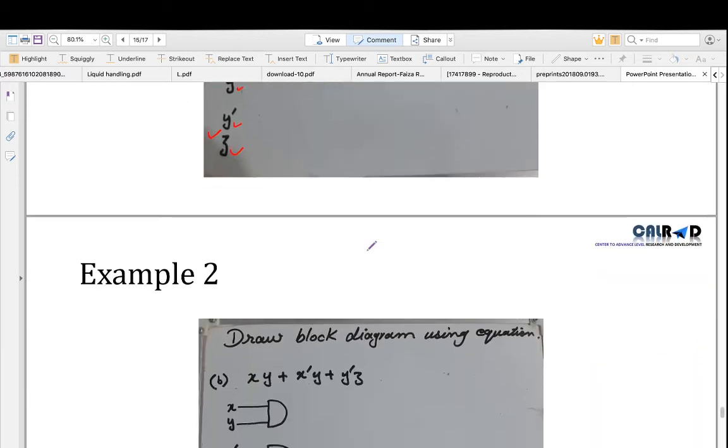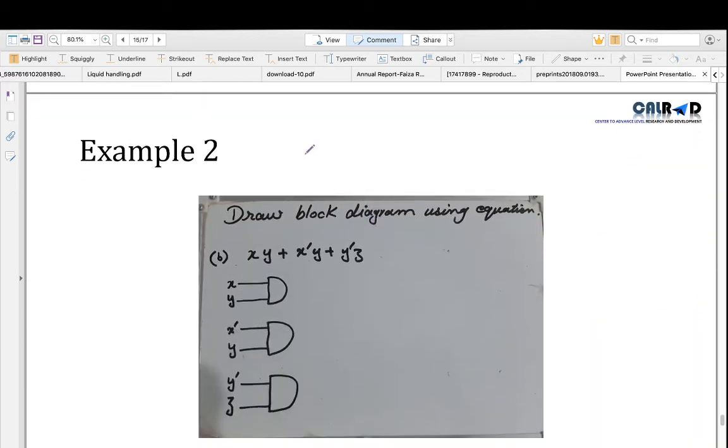Obviously we will use the AND gate. Here we use a first AND gate, second AND gate and third AND gate, because we have to take the products. Now we get these outputs. This output will come here, this output here, and this output here. Now half of our equation is solved.